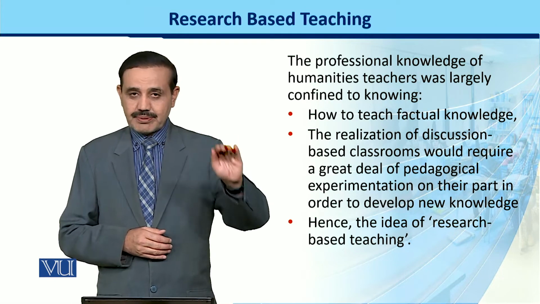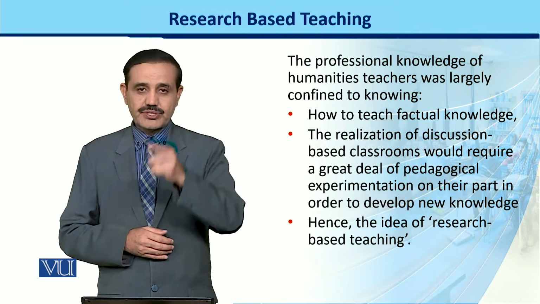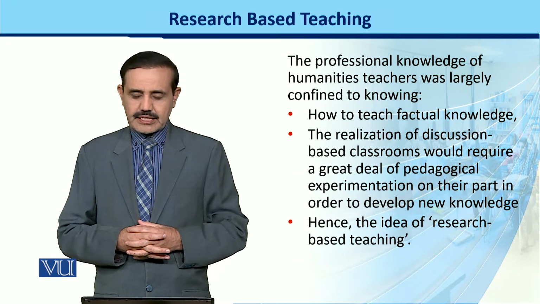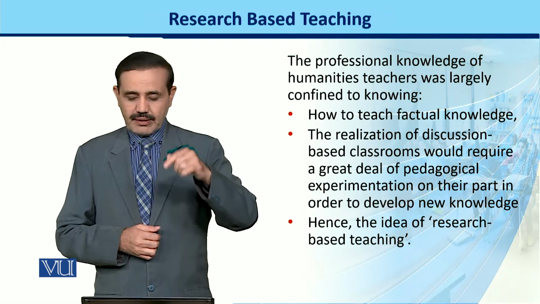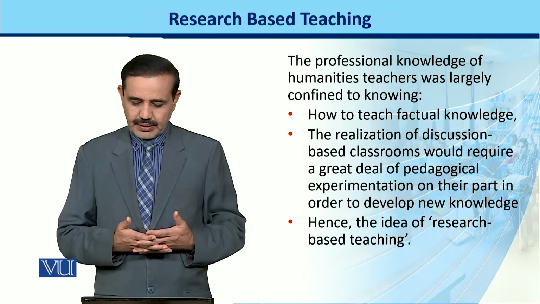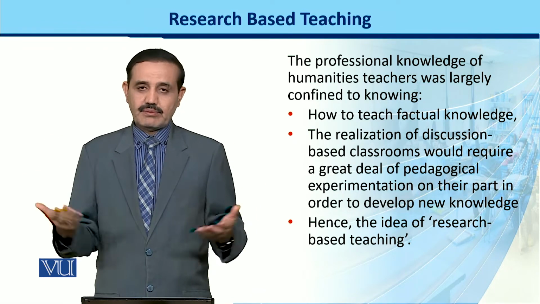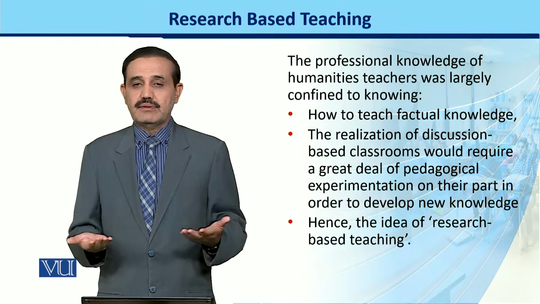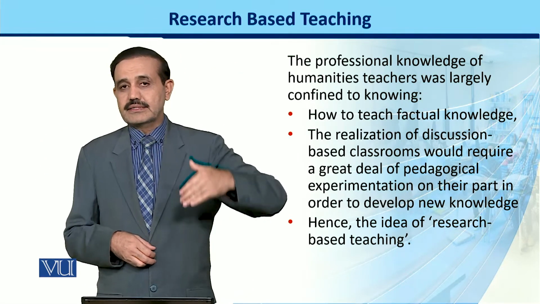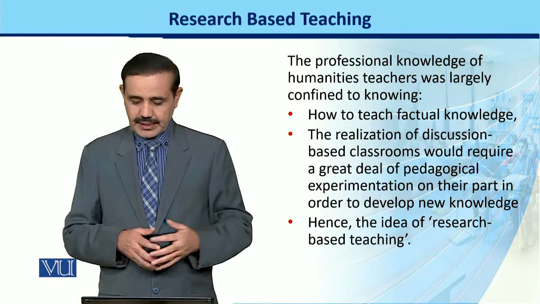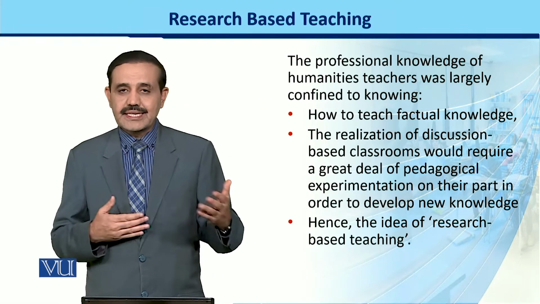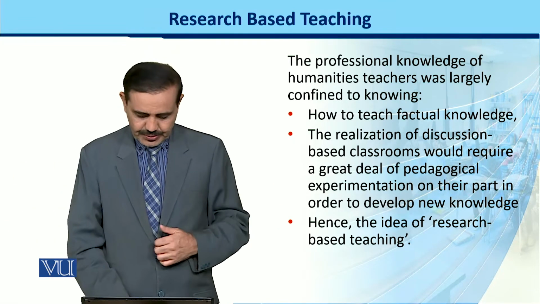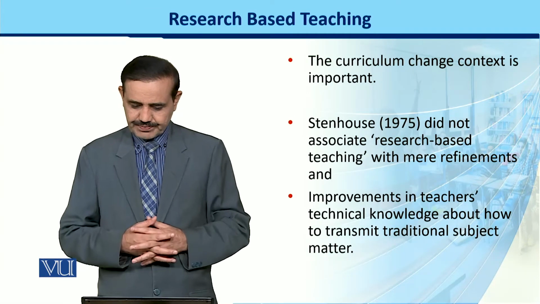For research-based teaching, this kind of questions and situation prevails. The idea of research-based teaching would prevail with activities such as how we can teach factual knowledge, some of which is theoretical, some ideological, some factual, and what kind of interactions, events, and inputs a teacher should provide to students in the teaching-learning process.